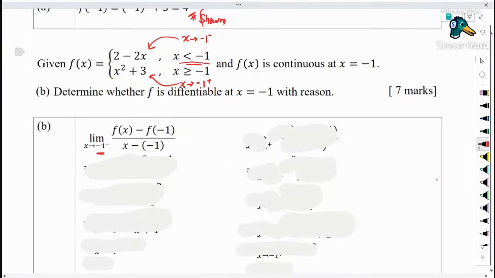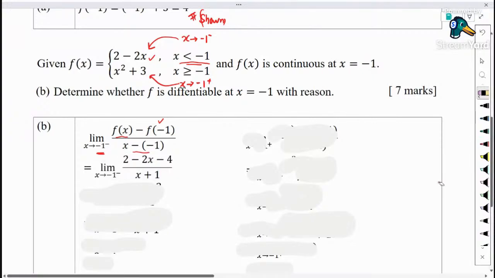For the case of -1 minus, I'm using f(x) as 2 minus 2x. I substitute this f(x) here, as well as replace f(-1) with 4 as we calculated in part A, and simplify the x minus -1. So I have the following result. Again, we check: substitute f(x) according to -1 minus.